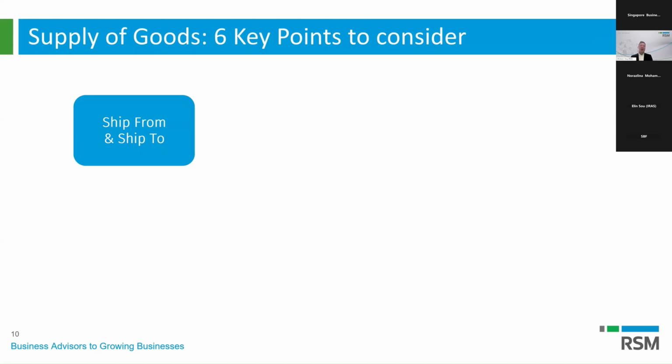Actually, all these are not the correct reference point. You need to first, I would say first and lastly, look at the ship from, or where the goods are shipped from and where the goods are shipped to. That will determine whether you should consider your supply of goods as an export, as a local supply where 9% applies, or as a drop shipment or out of scope supply, assuming if the goods are shipped from overseas to overseas.